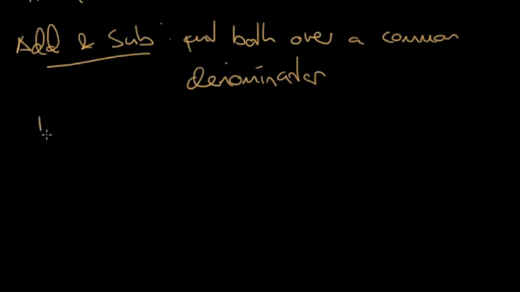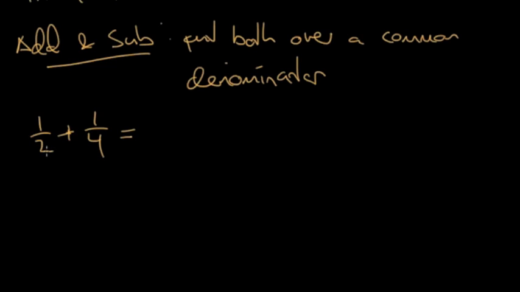So if we've got a half plus a quarter, how do we add that? We have to talk about the same units. Otherwise, we can't resolve it into one term unless we talk about the same denominator, the same sized piece of the pizza. So a half and a quarter.